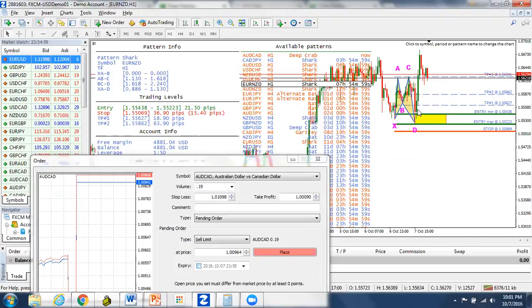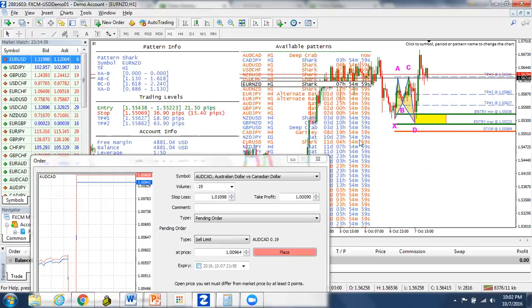You could place a buy limit somewhere in this zone. It doesn't matter, I'm just giving you an example. And with the buy limit, what will happen is it will go down and it will come back up. When it starts to come back up, it will trigger your trade to actually go up and take profits. All right.